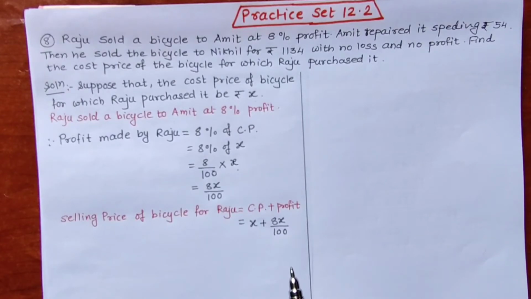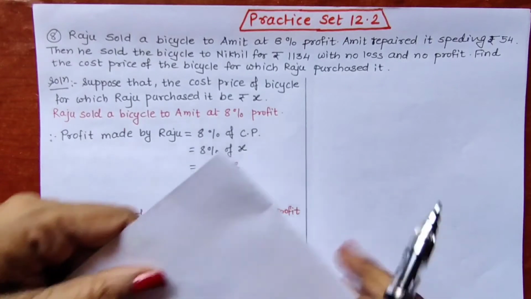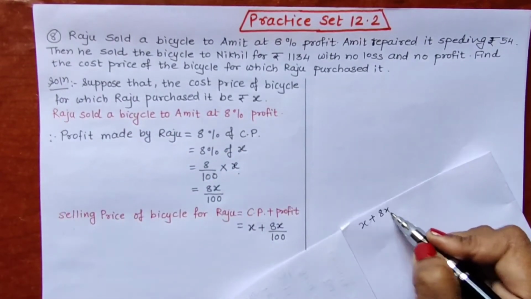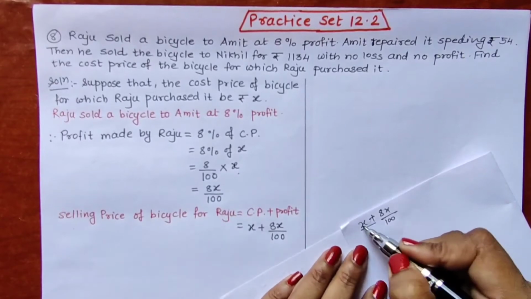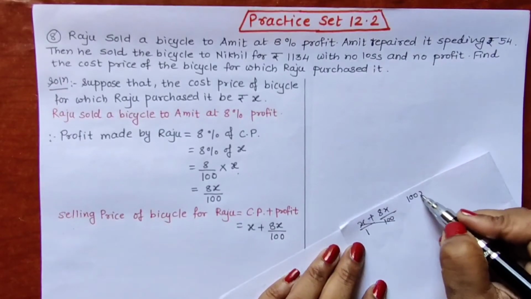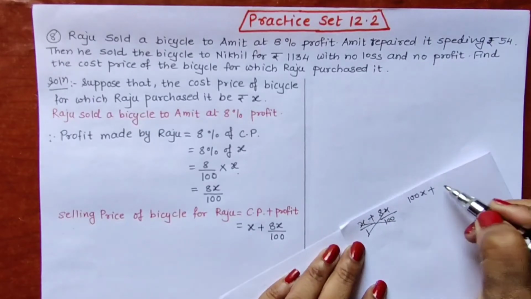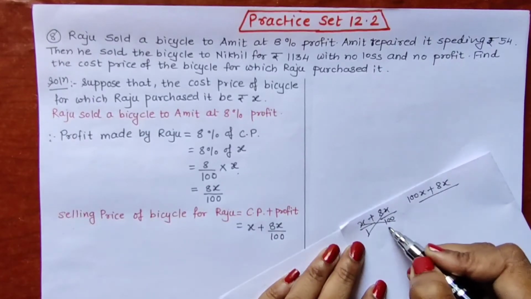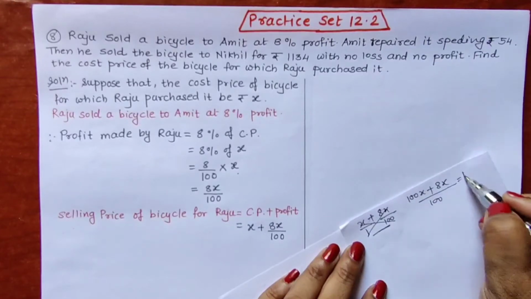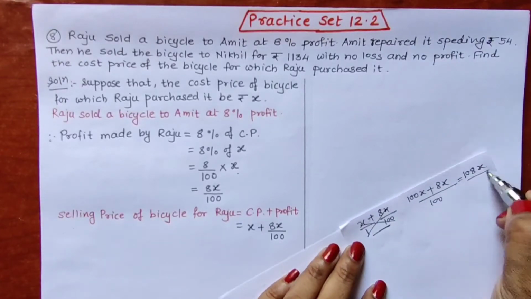We can solve it by the cross multiplication method. So x plus 8x upon 100. X means x upon 1, so x into 100 is 100x, plus 8x into 1 is 8x, upon 100 ones are 100. So 100x plus 8x will be 108x upon 100.